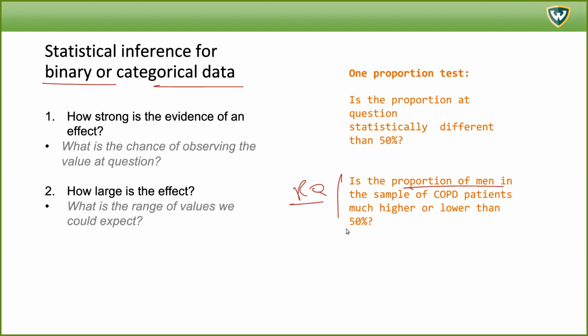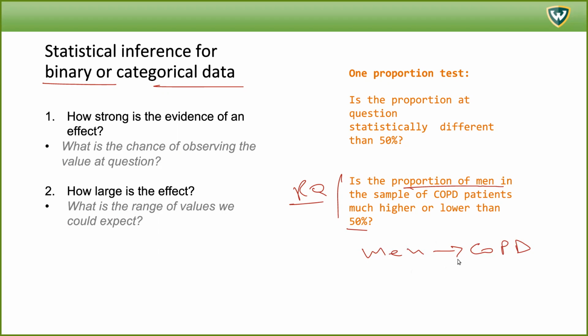And the idea here is that, yes, we want to see maybe a cause relationship. For example, does being a man lead to more COPD? COPD is chronic obstructive pulmonary disease. Does being a man increase your chance to lead to more COPD? And in this sense, yes, we are usually thinking about cause and effect.